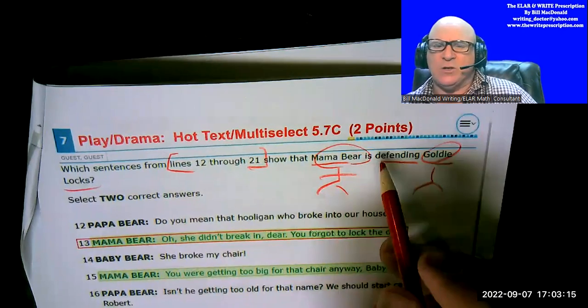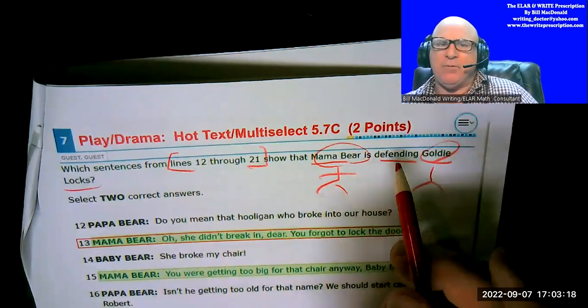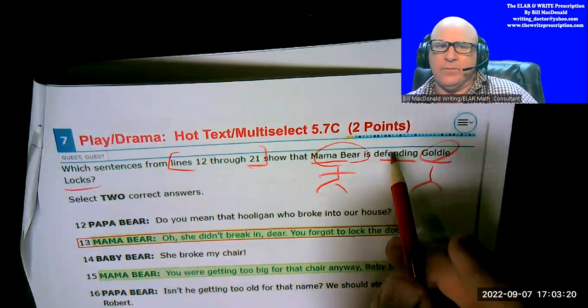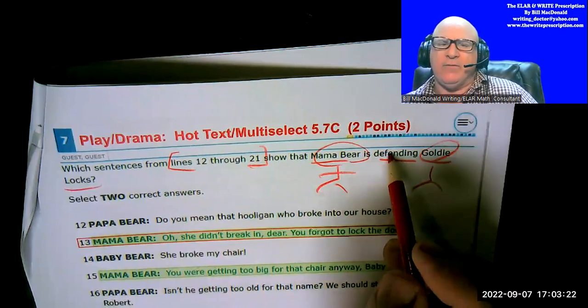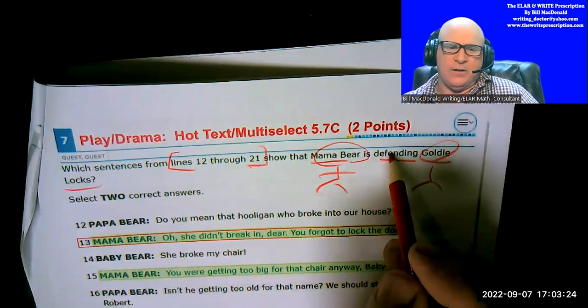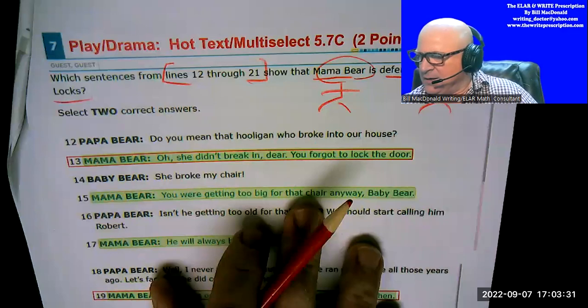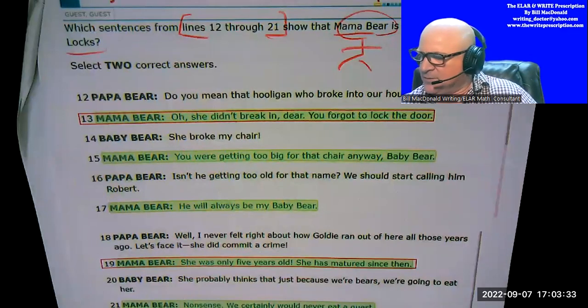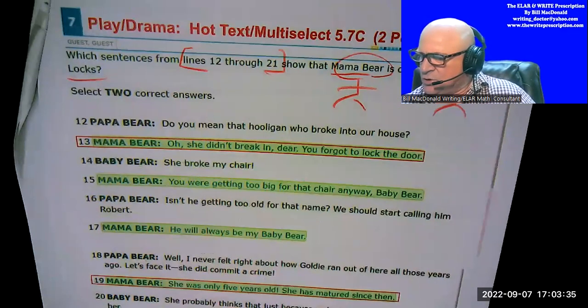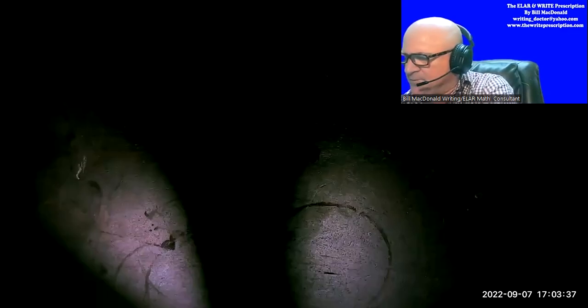drama plays are pretty much 90% dialogue, the characters talking, and very little in terms of what you would see. Let me just look and show you in the play real quick.